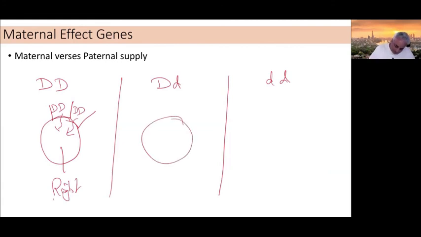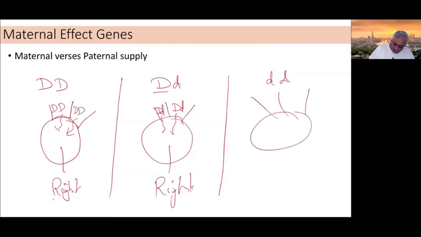Here, the nurse cells are heterozygous, but still, because big D is dominant, they will release a chemical that will cause this to become right-handed. However, here, the nurse cells are homozygous recessive. So they're completely without function. So they don't release anything into the developing egg cell, and therefore it develops into a left hand.